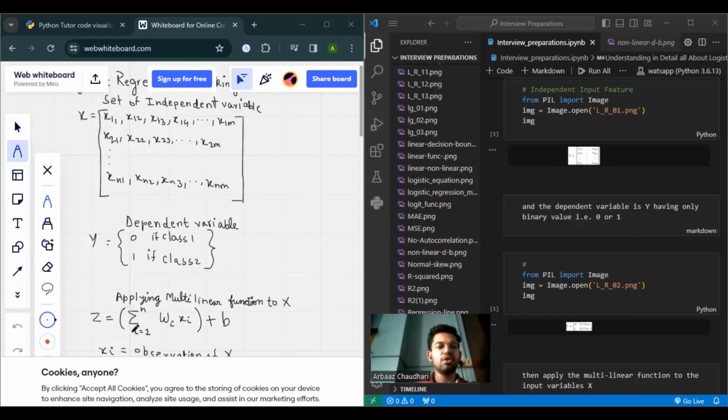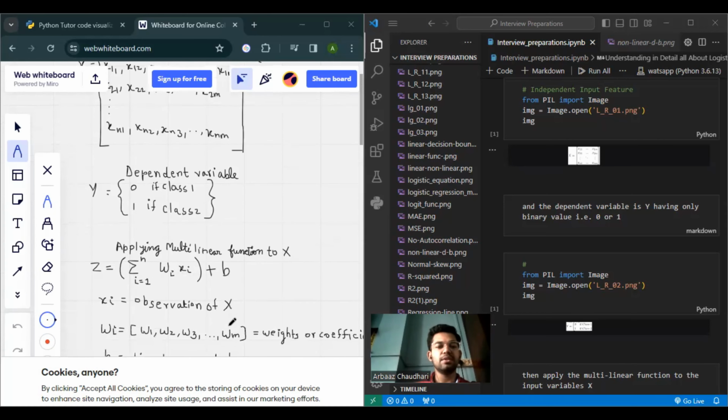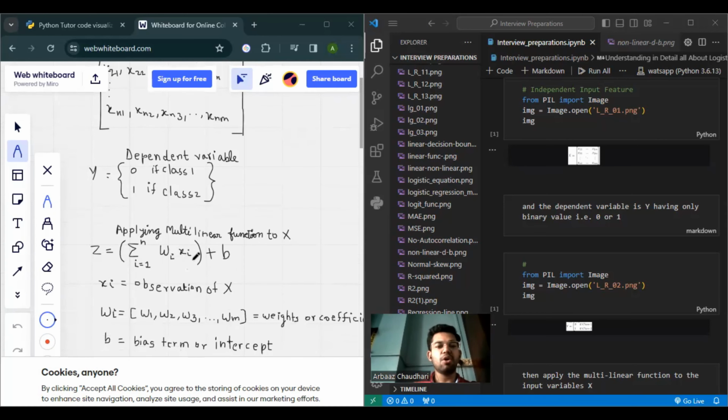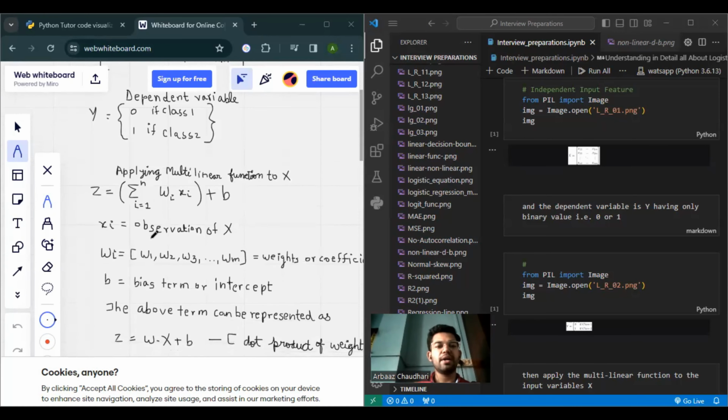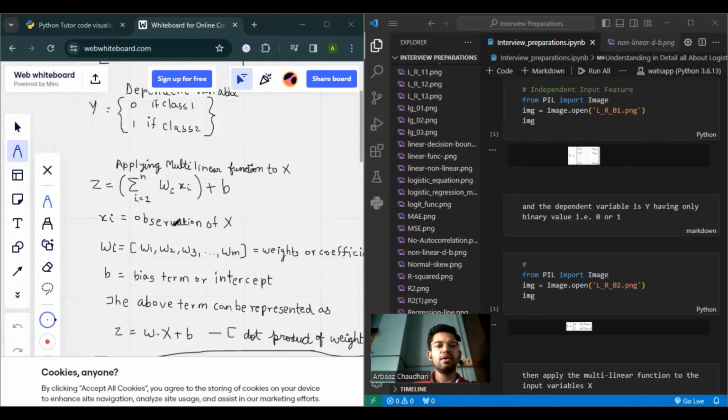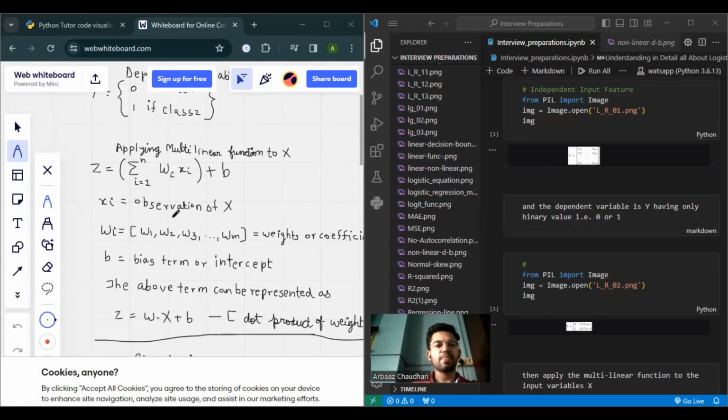So for all the features we have to do wi xi plus b, where xi is the observations of x. There could be 500, 2000, however many with respect to the problem statement. So xi is the observation, and there could be 500 or 6,000, any number of observations. So xi represents observations of x.